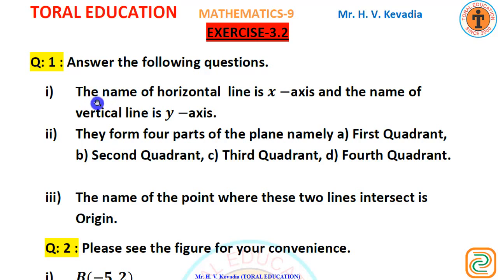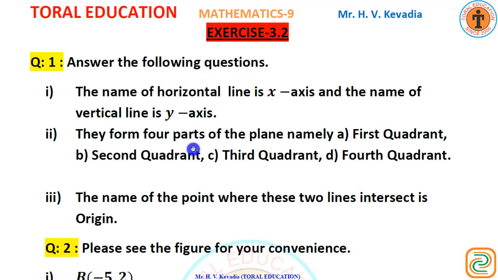We know that the name of the horizontal line is x-axis and the name of the vertical line is y-axis, right? Second question is, what is the name of each part of the plane formed by these two lines? They form 4 parts of the plane, namely first quadrant, second quadrant, third quadrant, and fourth quadrant.